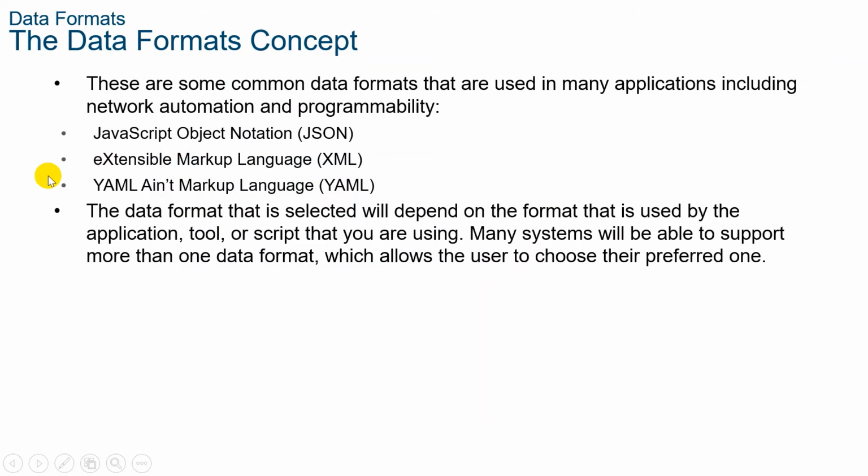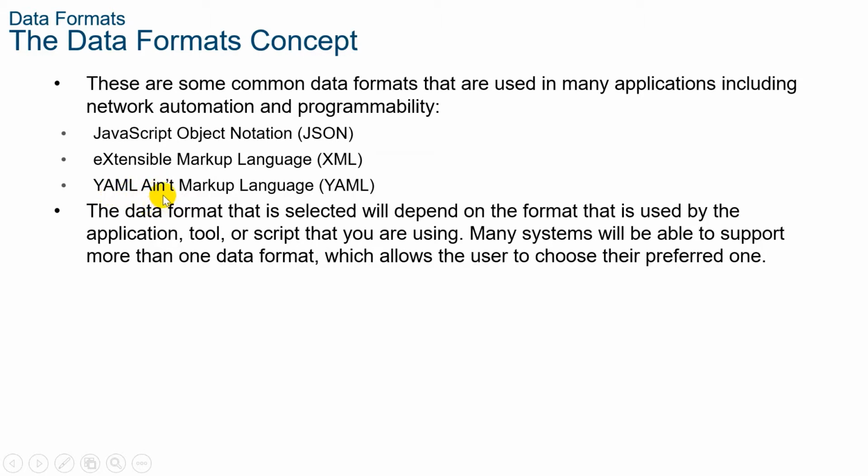There are some common data formats that are used in many applications, including network automation and programmability. These include JavaScript Object Notation, popularly known as JSON, Extensible Markup Language, or XML, and YAML.